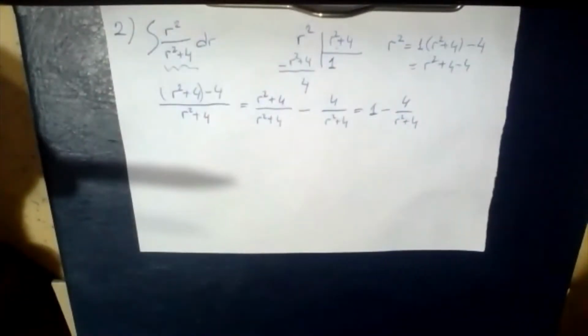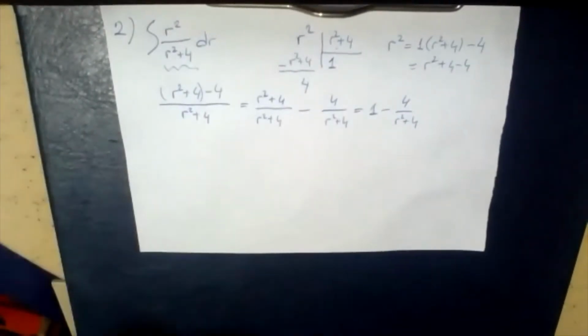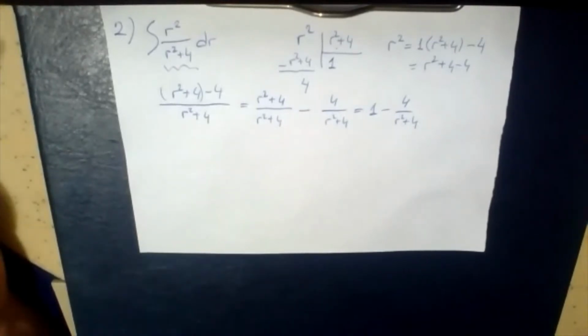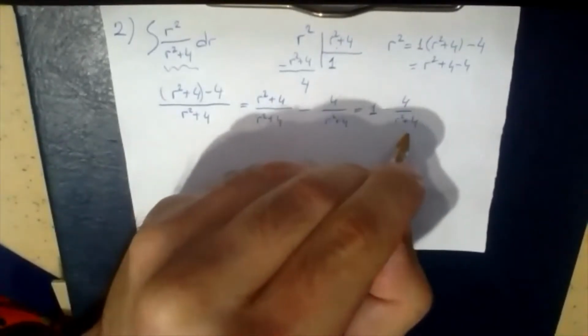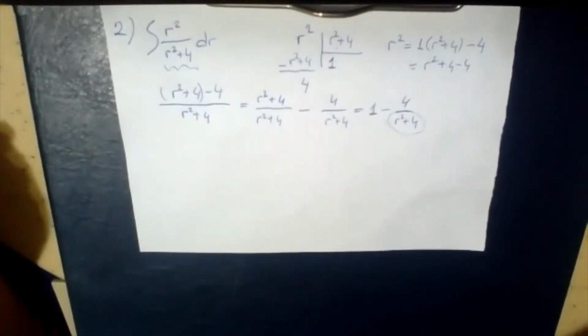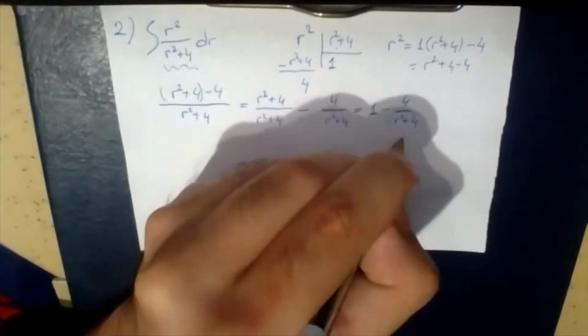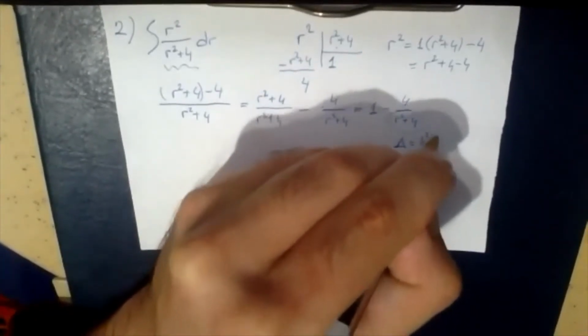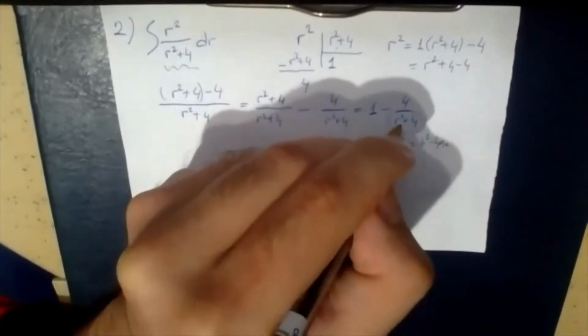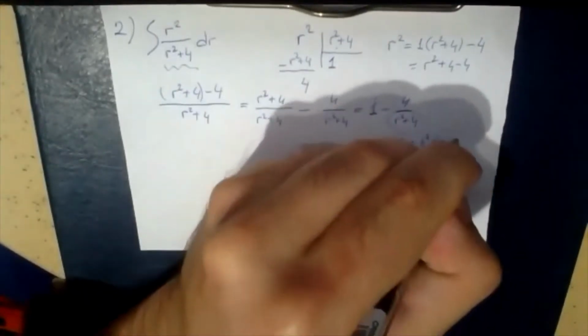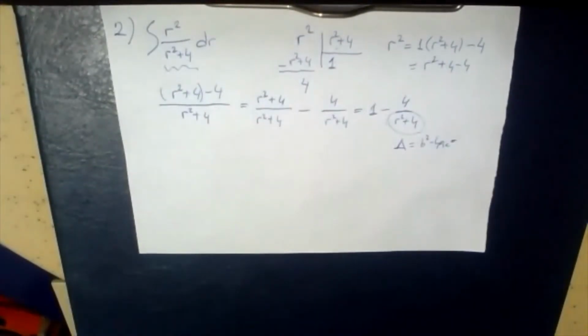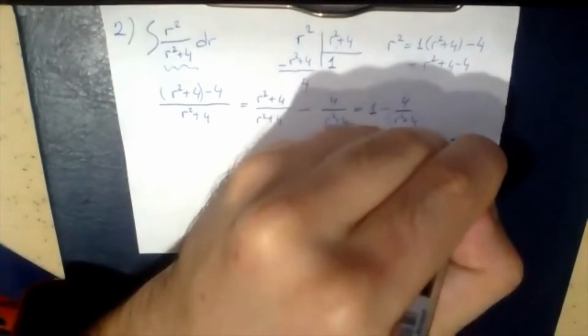Now the degree of the numerator is 0 and the degree of the denominator is 2. So we are ready for partial fractions, but there is another problem. We cannot factorize r squared plus 4. If we calculate its discriminant, which is b squared minus 4ac, it will be a negative number: 0 minus 4 times 4, which is minus 16.